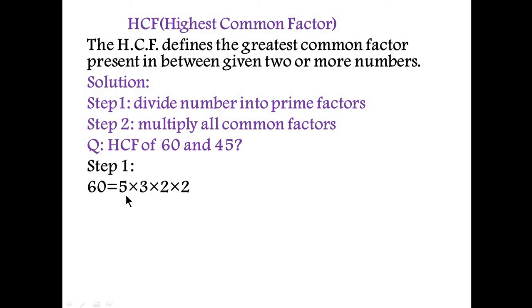60's prime factors are 5 cross 3 cross 2 cross 2, and the 45's prime factors are 5 cross 3 cross 3. Now next, what are their common factors? These 5 and 3 are the only common ones, so you simply multiply. 5 cross 3 is equal to 15, that would be the HCF of 60 and 45.